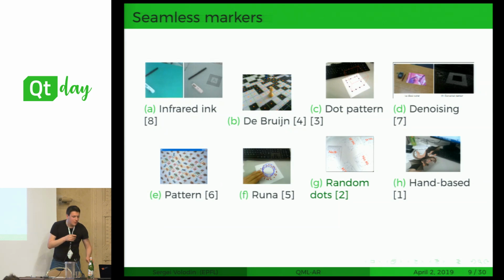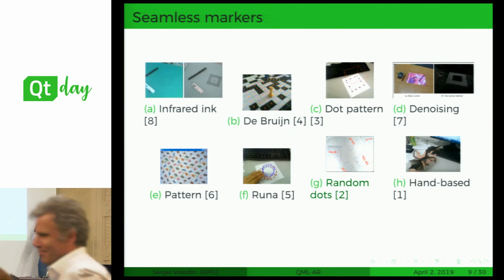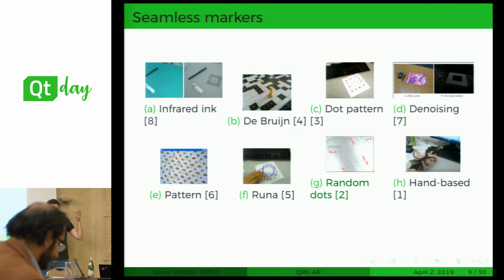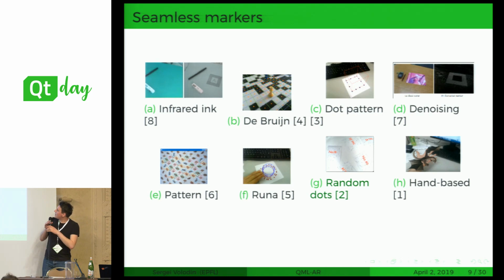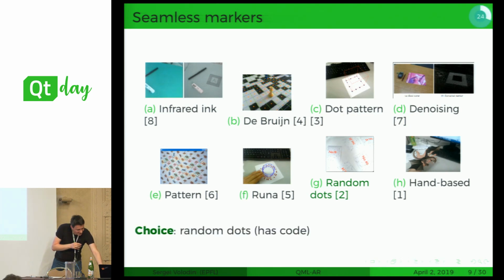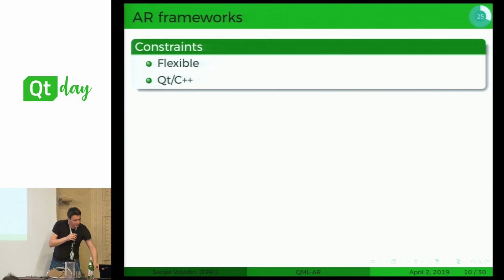Right, and if we move to seamless markers, which explicitly try to be less visible, there are already a few approaches, and here we take, again, only one of them, because only for this one we have found existing code. So now the question is, how do we implement it, and how do we integrate it with Qt?